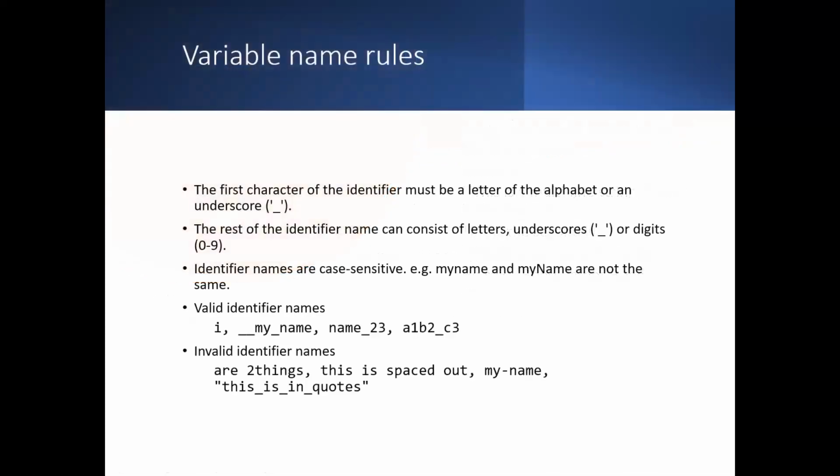It's possible. Right, okay. Now, when you want to create variable names, we call them identifiers, there are some rules. If you're familiar with other programming languages, you know that there are different rules. In Python, the first character should be an alphabet or an underscore, right? So that means it could be a letter or an underscore.